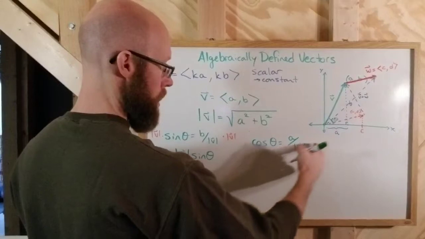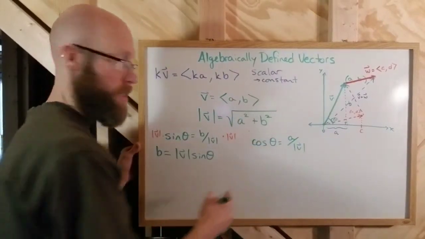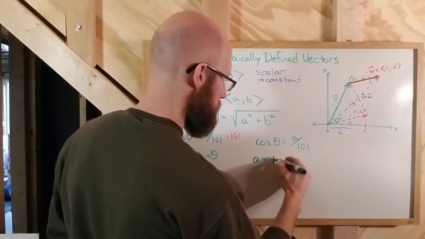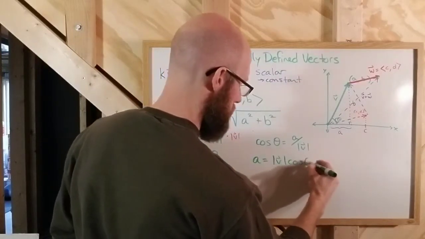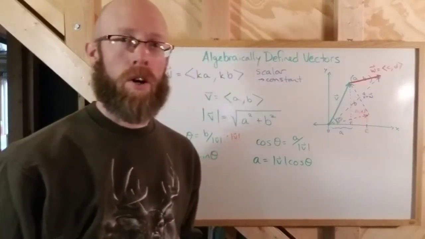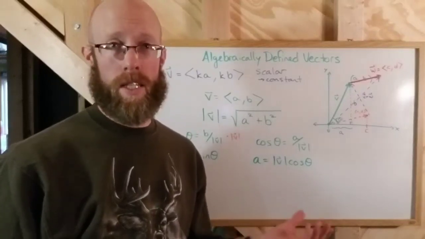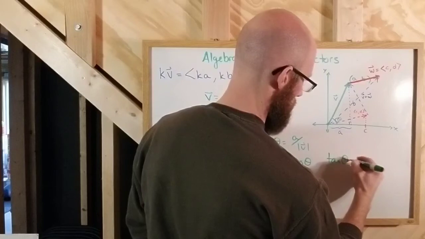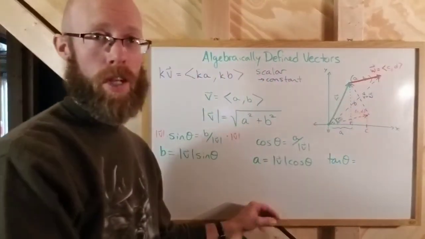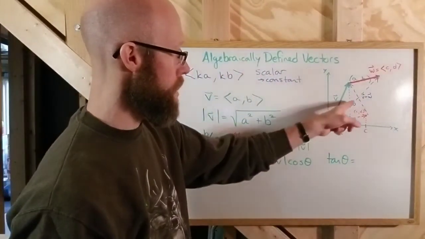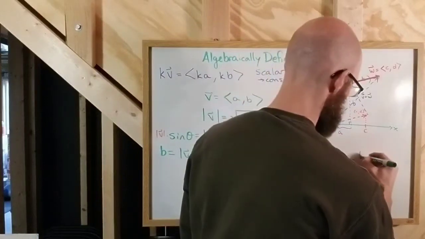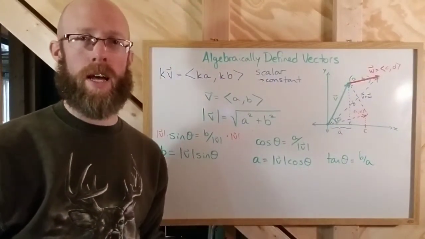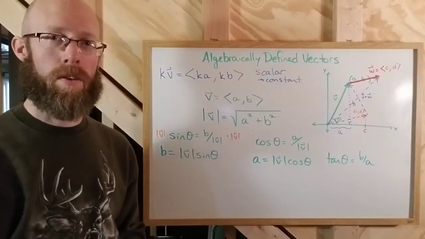And so if I again multiply both sides by the magnitude of v, a is equal to the magnitude of v times the cosine of theta. Okay. We can also look at the tangent. We know that the tangent of an angle is the opposite over the adjacent side. So here, tangent of theta would be b over a. That may be useful later on, but for right now, we're really going to focus on the cosine and the sine formulas. Okay.